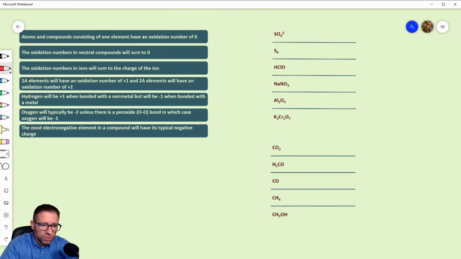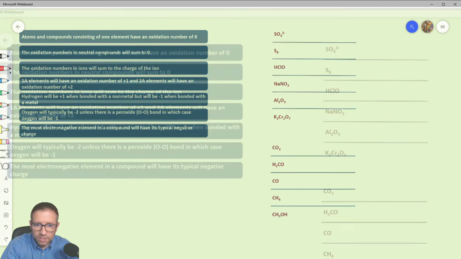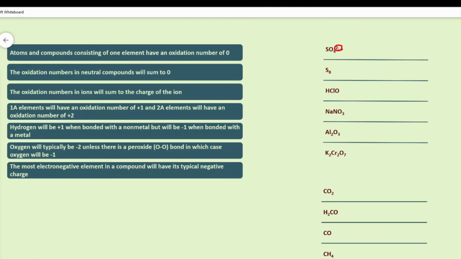Okay, so I put the rules up here on the left so we can see those rules and work through them as we go. I've got a few up top and then a few down bottom that we'll look at. Let's start up here at the top with this sulfate ion. If you remember, the oxidation numbers of an ion will sum to the charge of the ion. So we know we're looking for an overall sum of -2 because this has a -2 charge. We know in this group that oxygen is more electronegative than sulfur, so we're going to set it equal to -2.